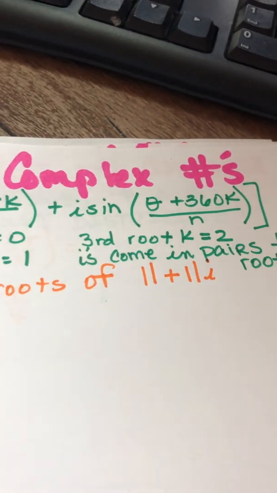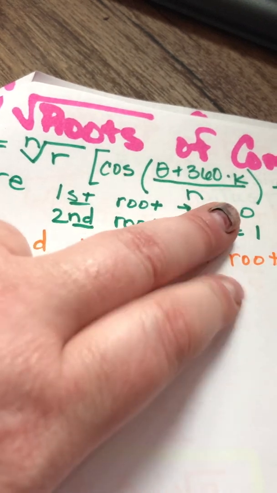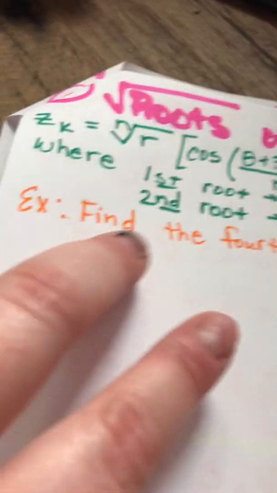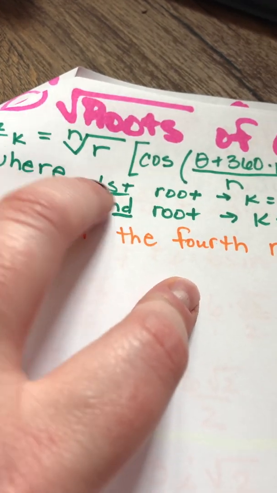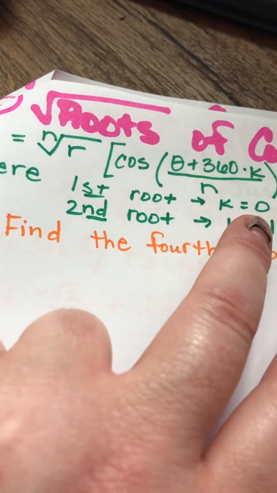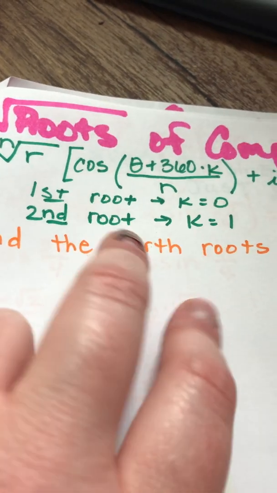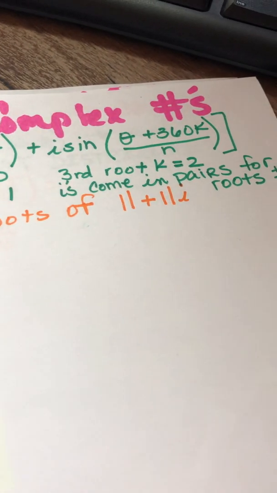And if it tells you it wants the first root, then you plug in a 0 for k. If it says it wants the first and second root, then for the first root you plug in the 0, but the second root you plug in 1. For the third root you plug in 2. For the fourth root you plug in 3, blah, blah, blah.